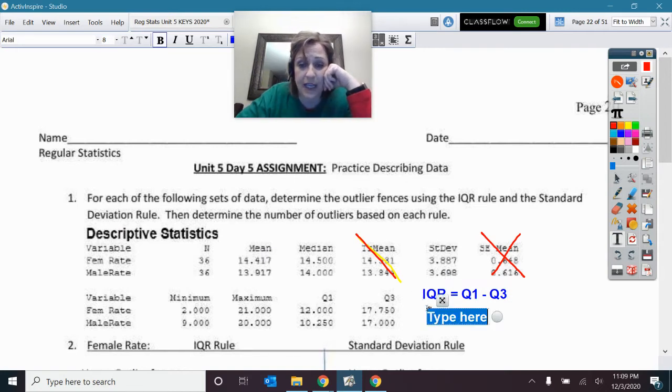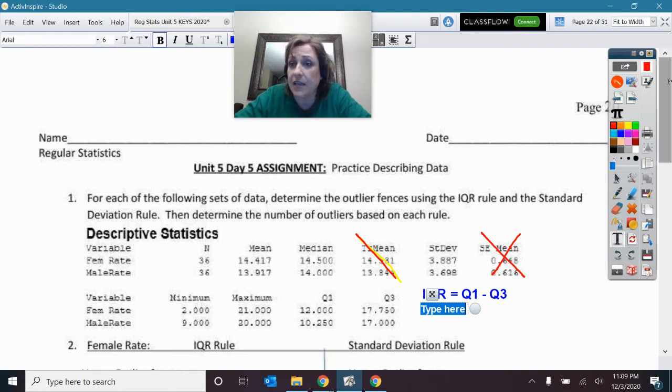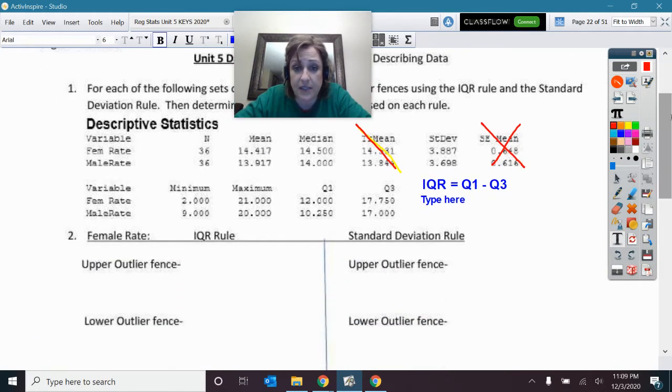So you're going to end up getting a value for the female IQR that you want to compute, so that you can do the fences. Down here I say compute with the IQR rule, compute with the standard deviation rule. So you're going to want to compute the female rate fence and the male fence.